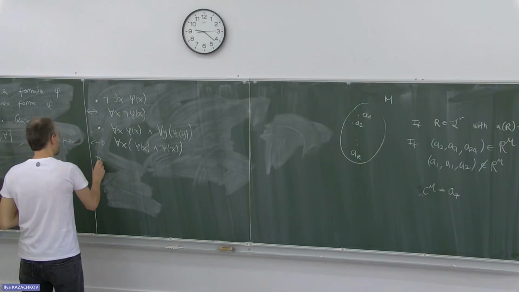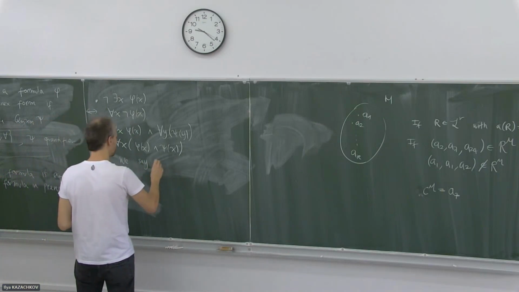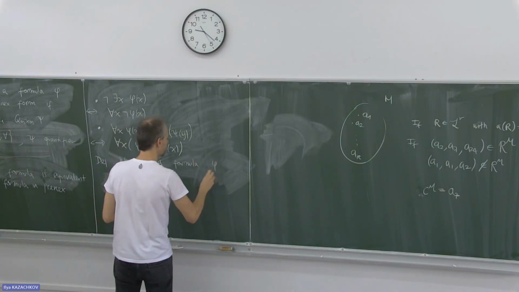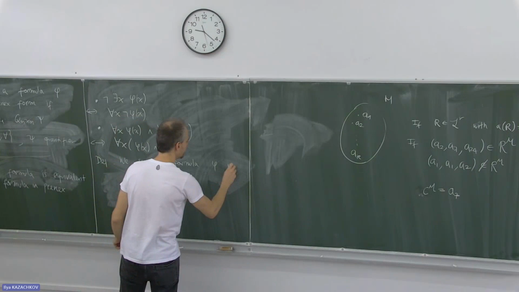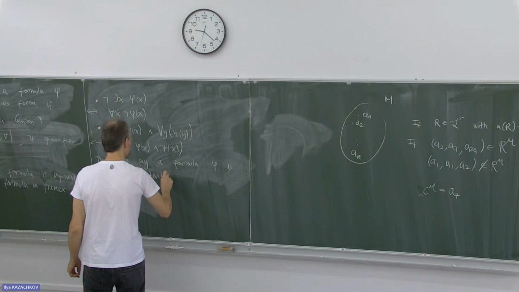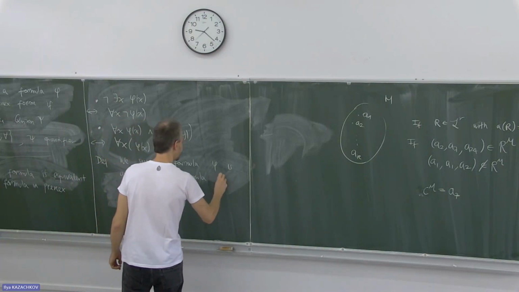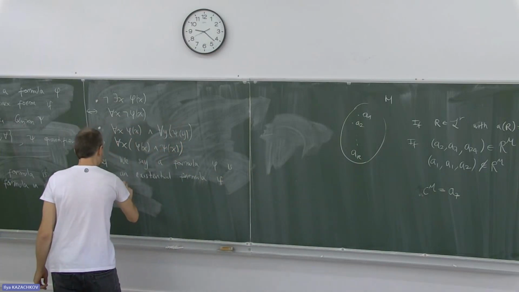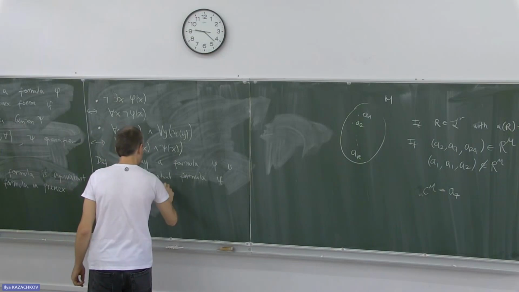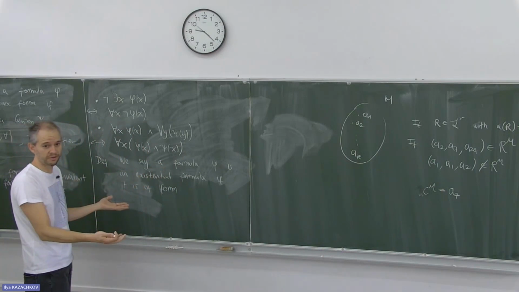Okay. Another definition. So we say a formula phi is an existential formula if it is of the form just a bunch of existential quantifiers and then a quantifier-free formula.